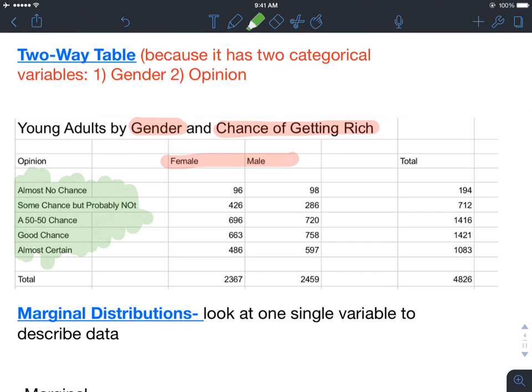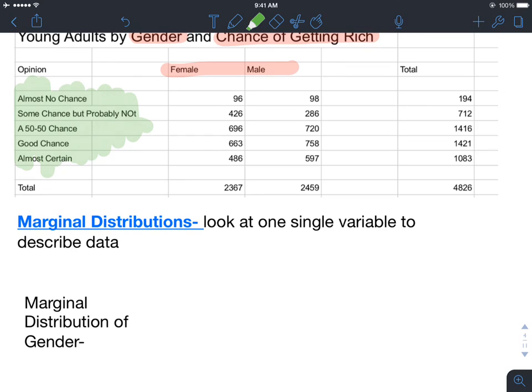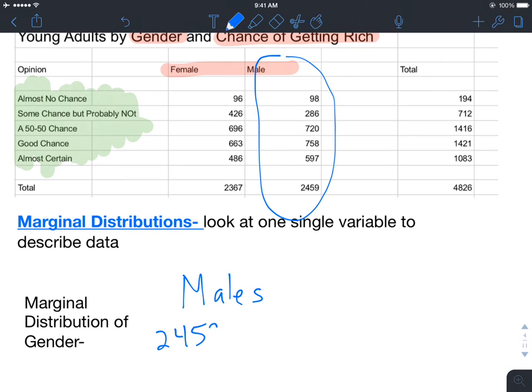And the first one is a marginal distribution. A marginal distribution only looks at one thing of the data. So we could take a look at the marginal distribution of males. If you look at the males, we have a total of 2,459, and our total population is 4,826. We could calculate that number, and I believe it should give us just a tad over 50%, 50.9.